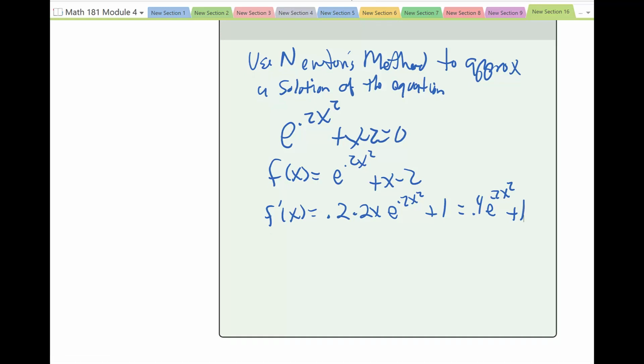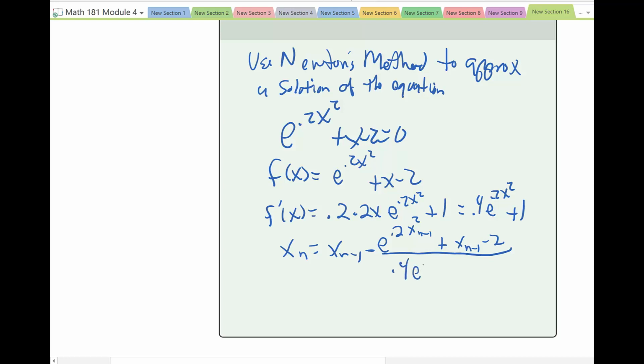Now, this can be expressed as x sub n equals x sub n minus 1 minus the fraction: e to the 0.2 x sub n minus 1 squared plus x sub n minus 1 minus 2, all over 0.4 x sub n minus 1 times e to the 0.2 x squared plus 1.